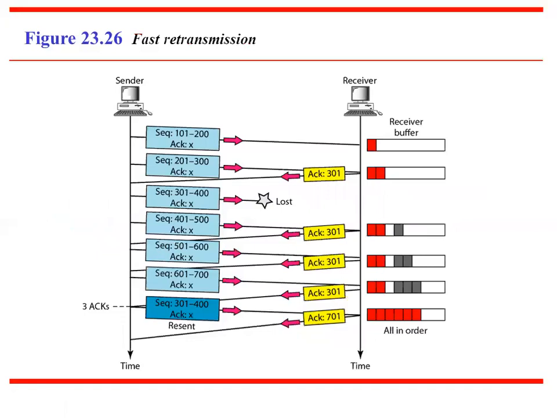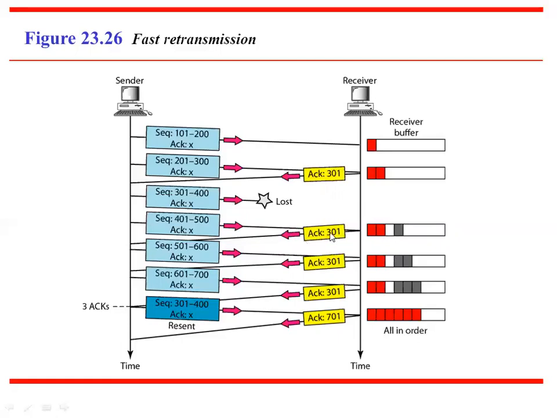Now, when fast retransmission occurs, as I already said, when the value of the retransmission timer is very large and before the expiration of the retransmission timer, the sender receives 3 duplicate acknowledgements. For example, here, this particular segment was lost in the network, but the receiver is receiving the next 3 segments successfully. So for every successfully received segment, the receiver is sending an acknowledgement.